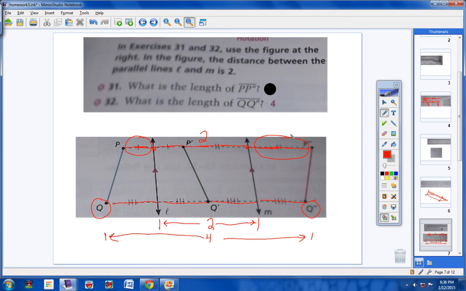So 2 plus 2 is 4. So this whole length from P all the way to P double prime has to be 4. From here all the way to here. So this distance also has to be 4. Alright, moving on.